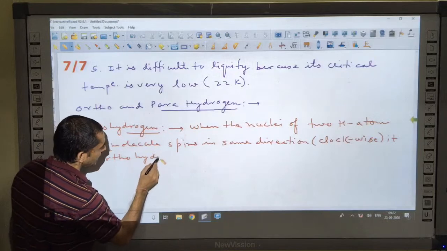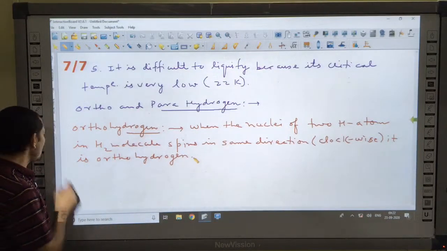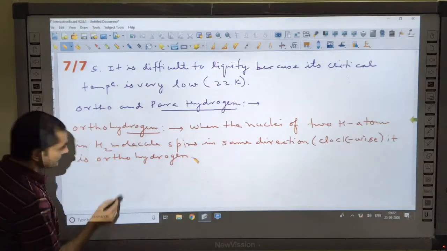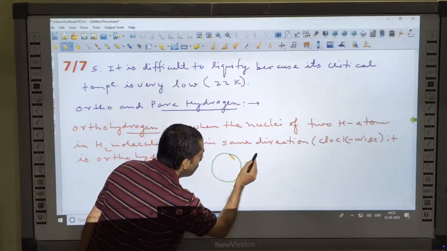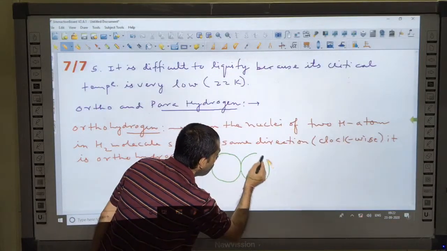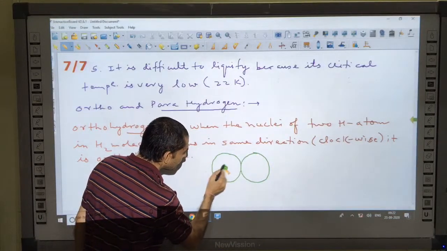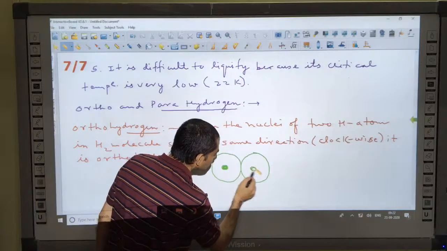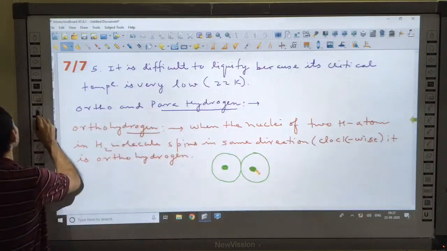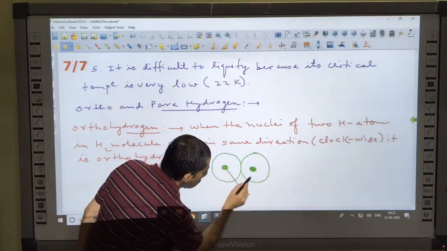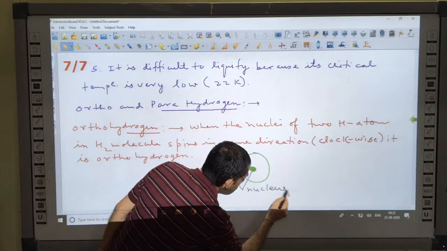I am drawing ortho hydrogen over here. There are two hydrogen atoms. This is the nucleus of both hydrogen atoms.